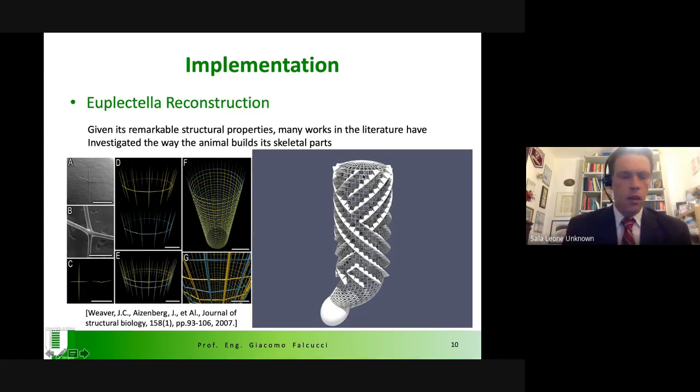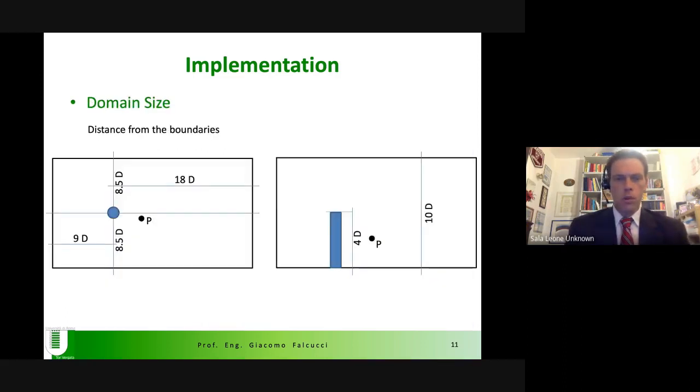Okay, actually the hero for the reconstruction of this geometry was Pierluigi Fanelli, who is really a wizard with CAD, and we have been working on this a lot in order to reproduce the actual geometry of the sponge. So this is the object.